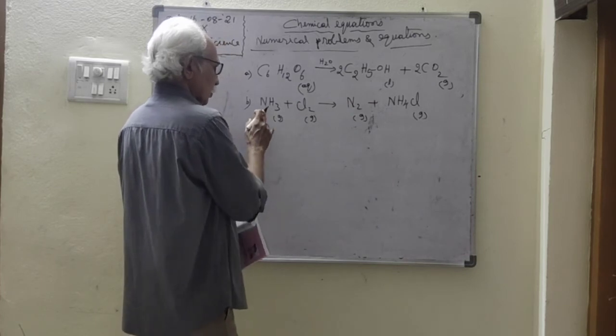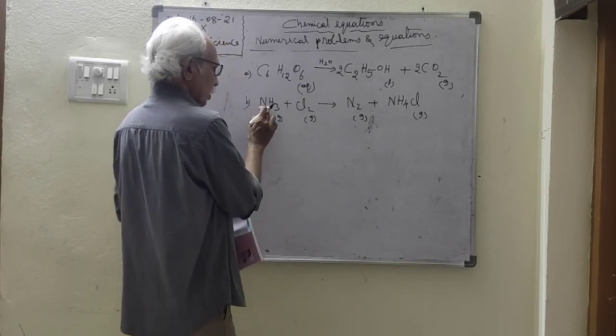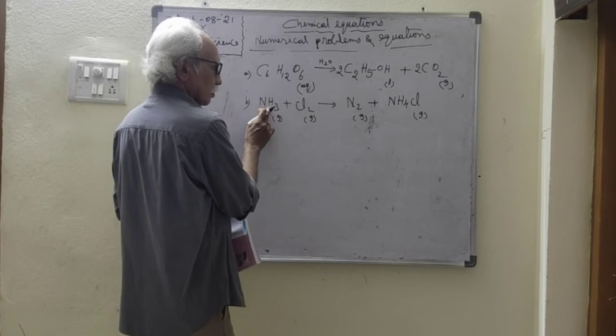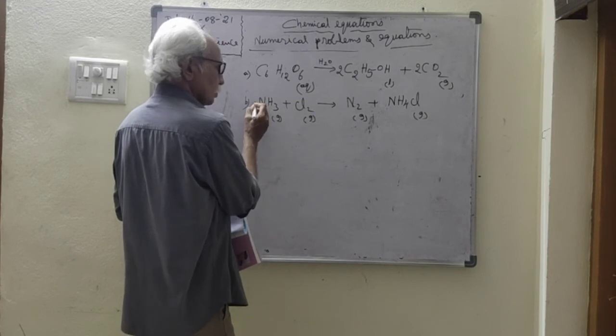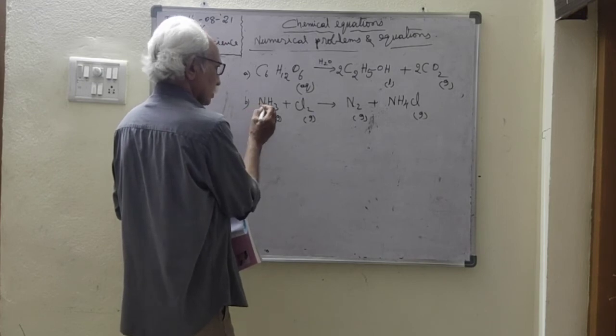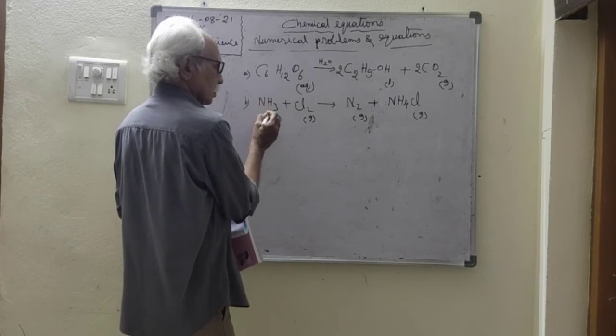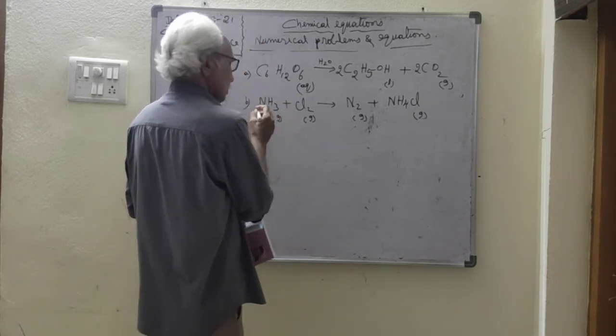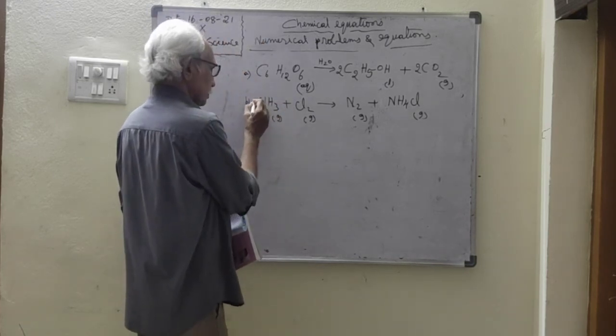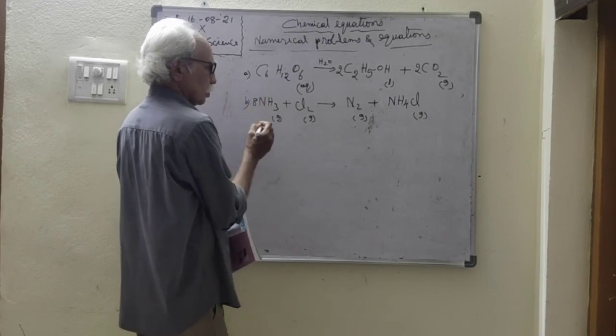So first you change this odd number into an even number. Odd number into even number. So you can write 8 NH3. 8 threes are 24.